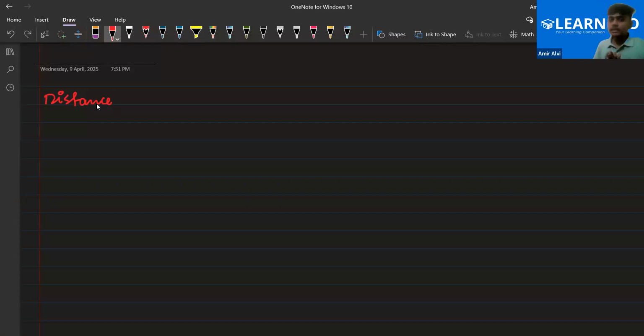Okay. Now let's understand what is basically distance. Okay, let me give you the image. Just give me a second. Distance, displacement image.